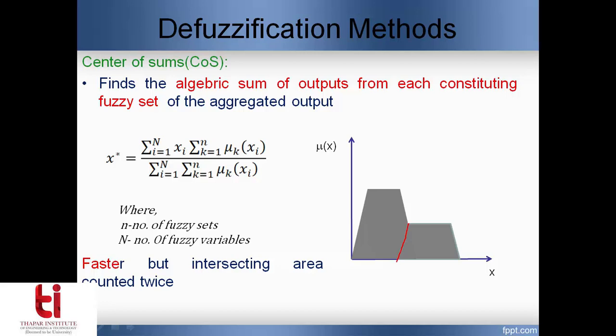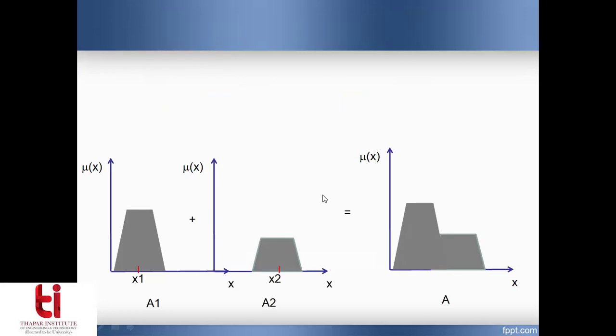Let's say this was a set I was having, so this is the boundary which is common, or this is the area which is common to both. So this area under this curve, which I am trying to shade with red, is common to both. So this area actually is counted twice. So it is a good method, a little simpler in calculation and computation than the centroid method.